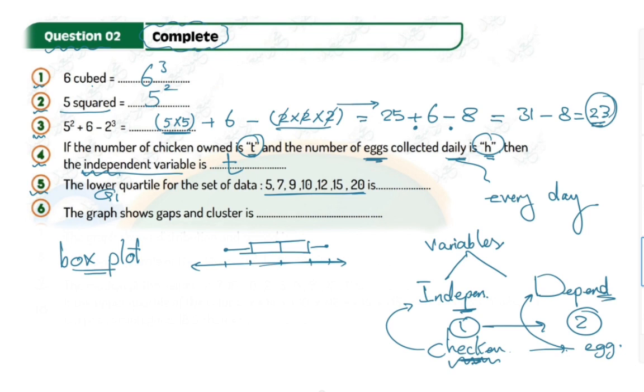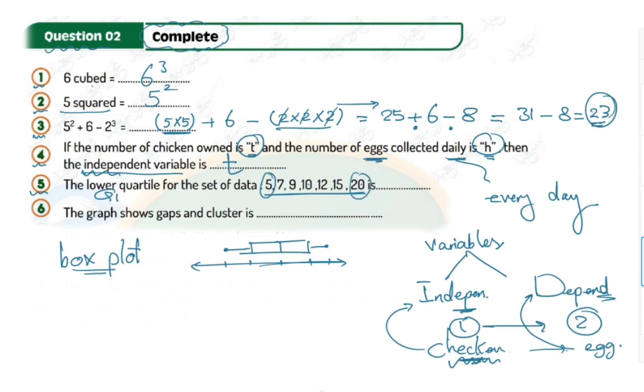Start with the smallest, end with the greatest. If you look here, 5, 7, 9, 10, 12, 15, 20, it's already arranged from the smallest one to the greatest one.